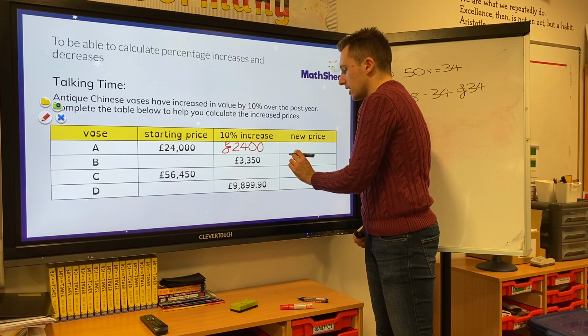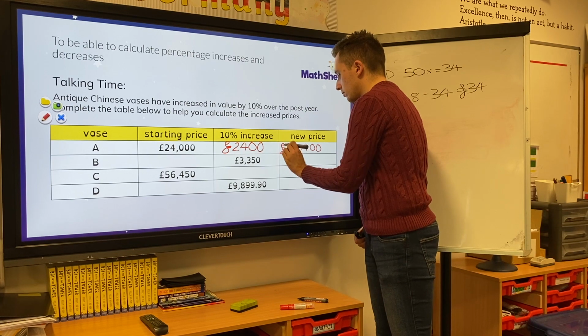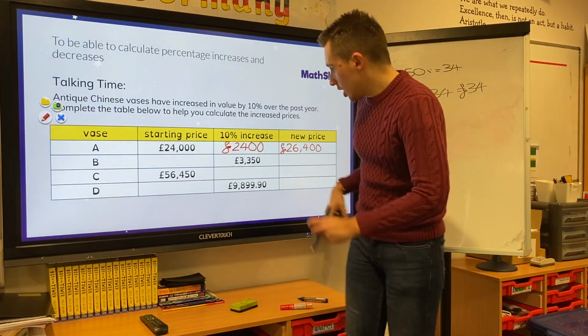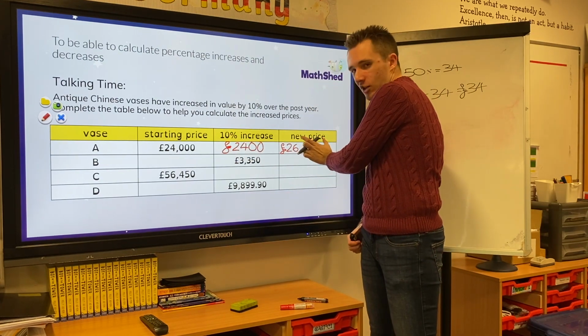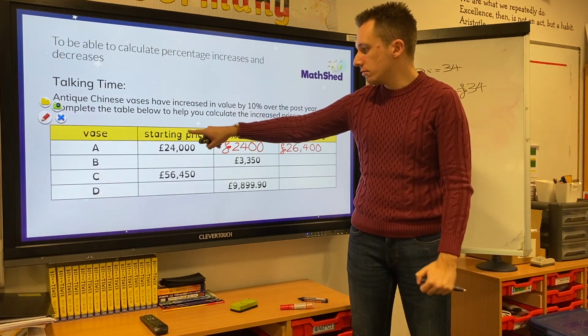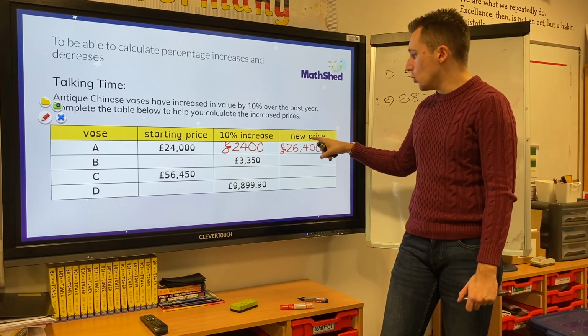So that would be 26,400. So if they've given you the starting price, you find the 10% and then you either add it or take it away. Literally what we've just been doing. Step 1 is this bit, finding the 10%. Step 2 is this bit.